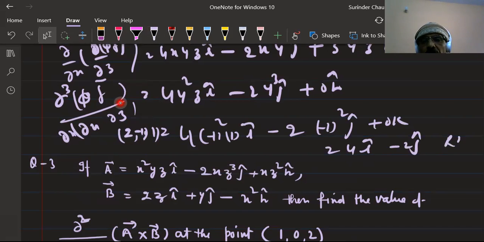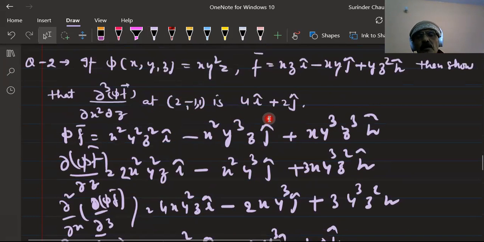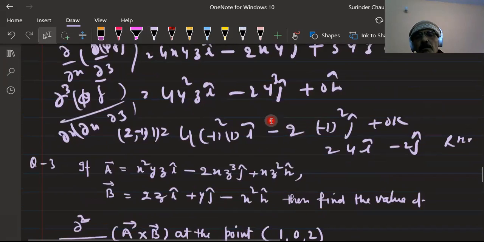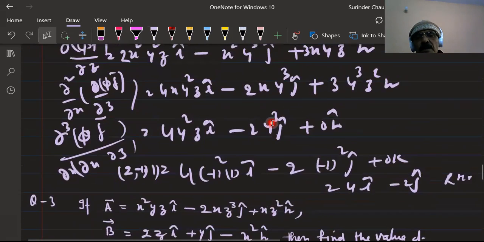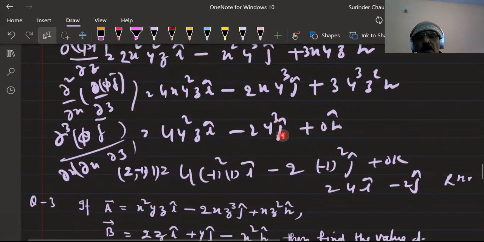Here y cubed of minus 1 is minus, so this is equal to minus of plus.